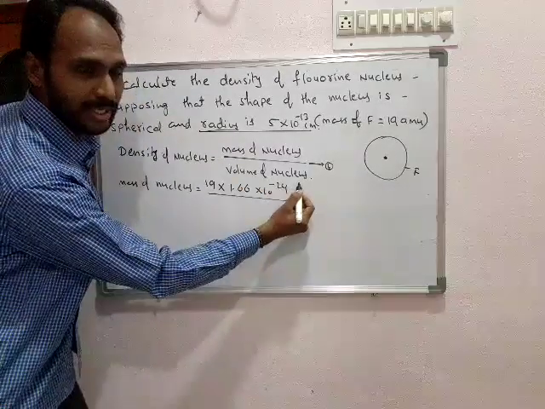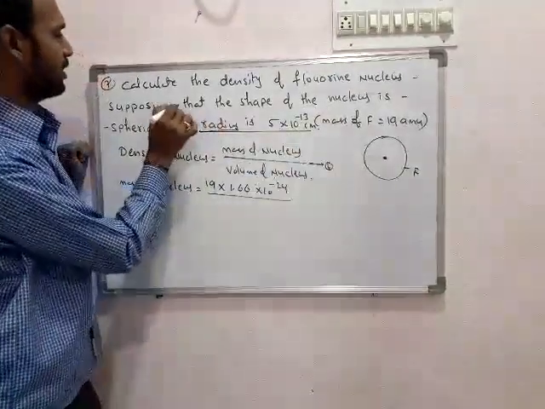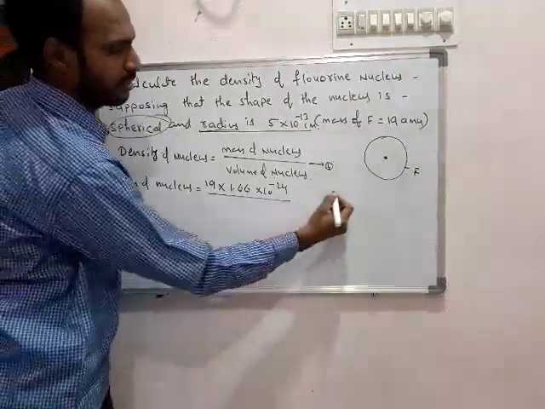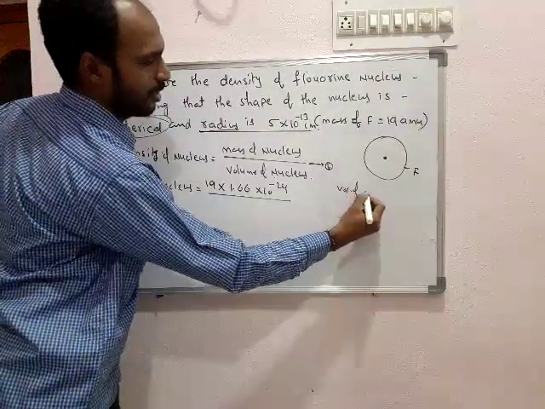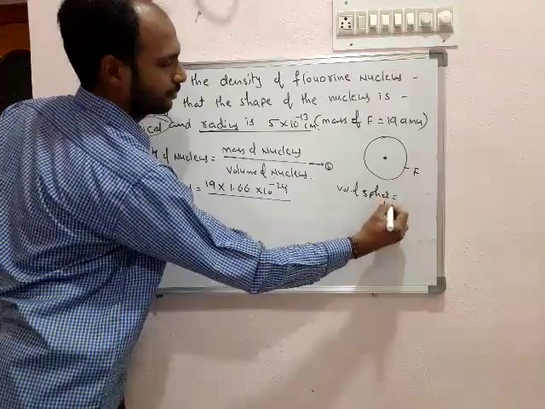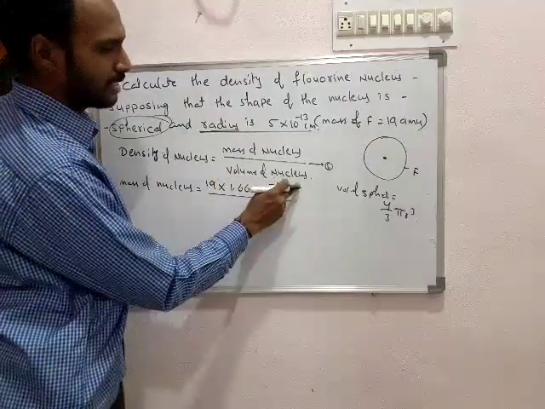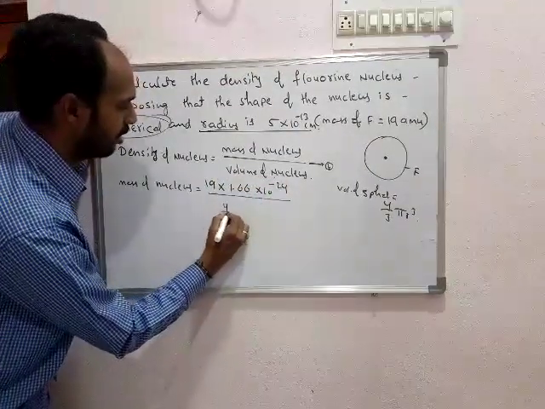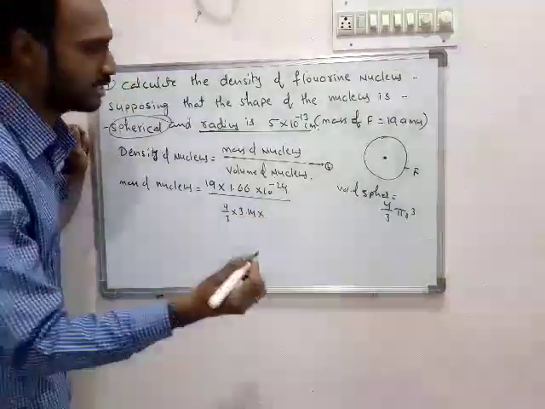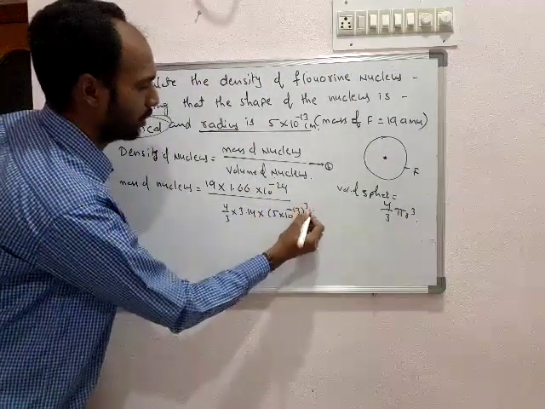Now what is the volume of the nucleus? What is the shape of the nucleus? The shape of the nucleus is nothing but spherical. The volume of a sphere is equal to 4/3 pi r cube. Here the volume of the nucleus is nothing but the volume of the sphere: 4/3, pi means 3.14, r cube. So the radius is given as 5 into 10 power minus 13, whole cube.